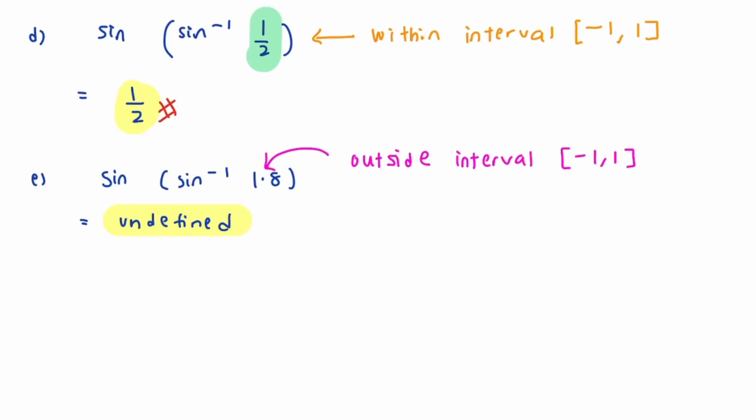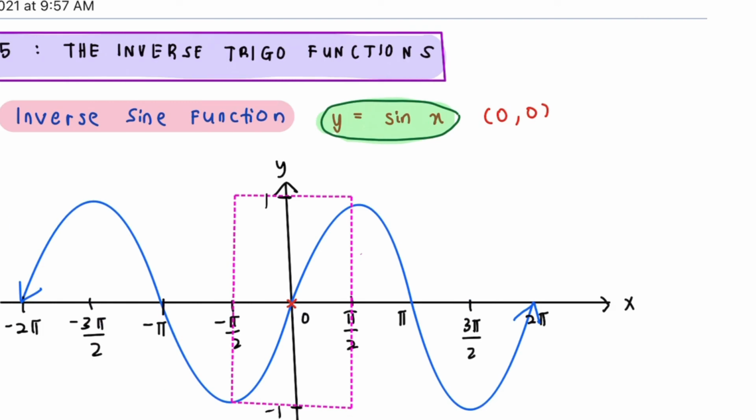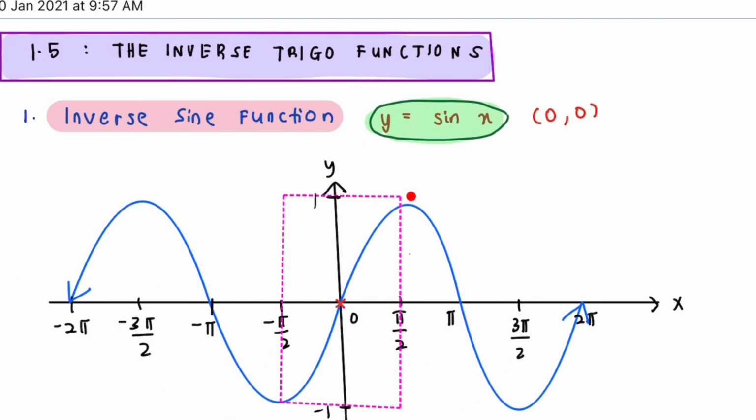Let's see here. Sine composed with inverse sine 1.8. Now let's take care of the domain of inverse sine, which is from negative 1 until 1. You can see here that 1.8 is above 1. The highest point for sine must be 1, and 1.8 is above it.